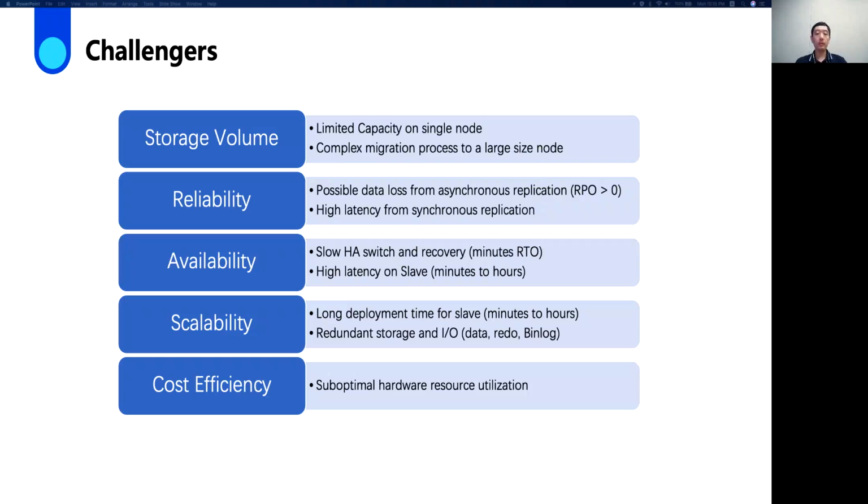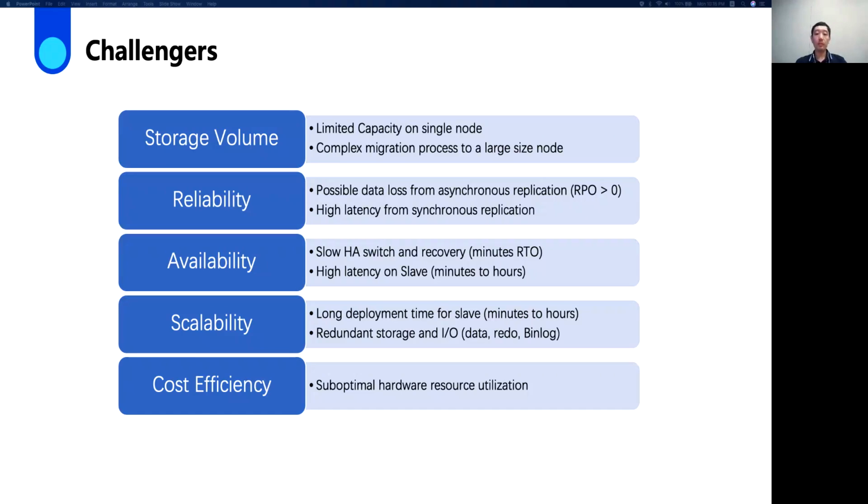Last but not least, tightly coupled computing and storage layers may cause suboptimal hardware resource utilization. For example, you can imagine a scenario where the disk is almost full, but the CPU usage during ordinary time is pretty low. For the storage purpose, you have to migrate to a big size machine.